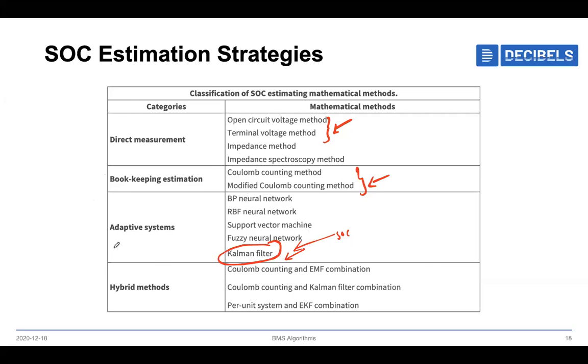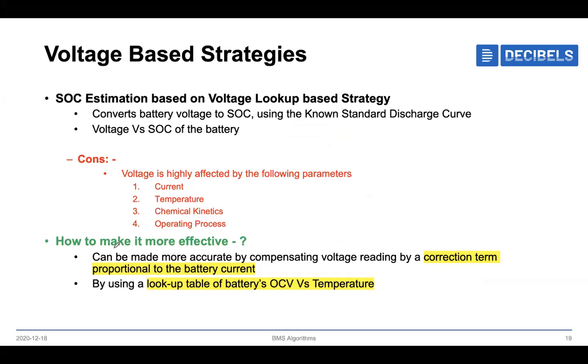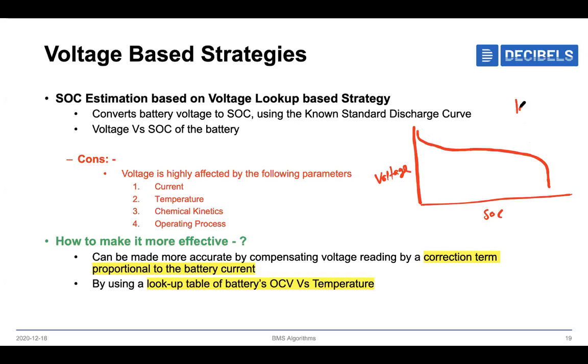Okay, first I'll discuss the voltage-based strategy. In this strategy, we are going to develop a lookup table between voltage and state of charge. We'll have voltage on the y-axis and state of charge on the x-axis, and we'll discharge the cell at lower C rates.